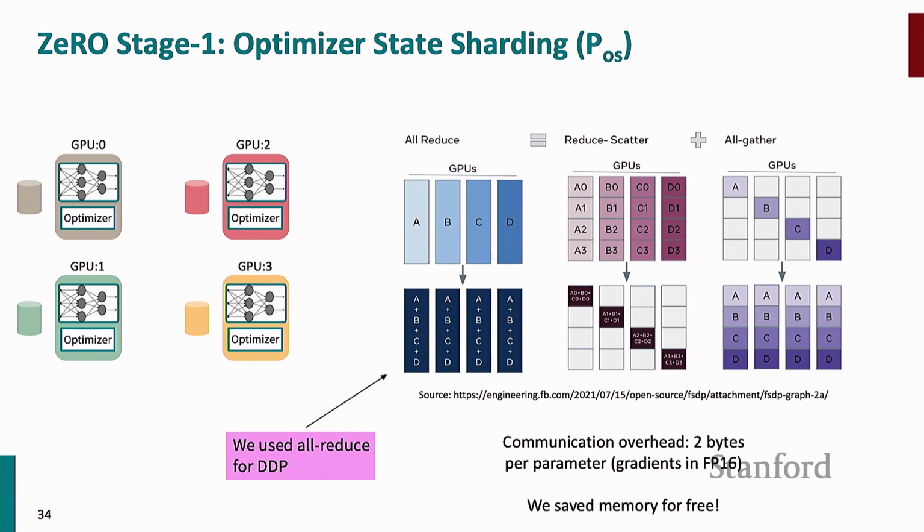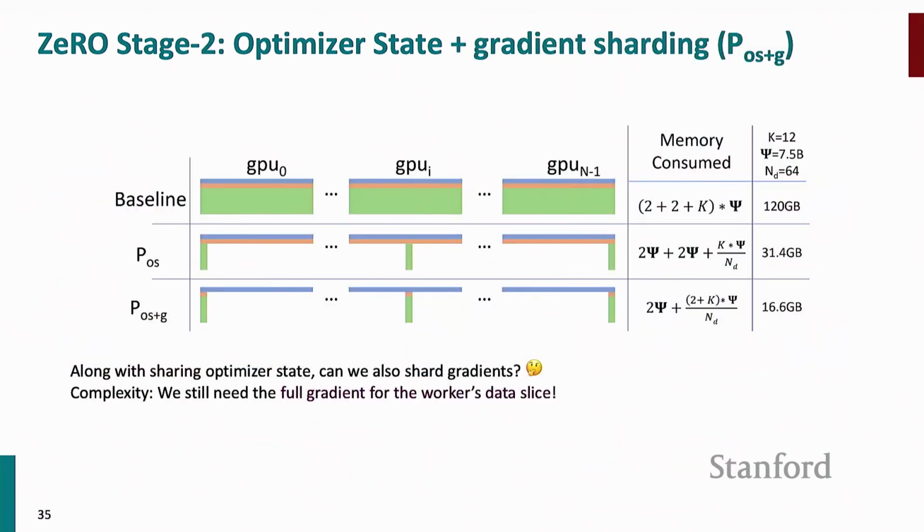And it turns out that when you're doing this optimizer state sharding, you have to do exactly the same amount of communication overhead, just because an all reduce is equivalent to a reduce scatter followed by an all gather, okay? And so we basically saved memory for free, okay? So you should just always use this, okay? Because you're going to get memory savings and you don't have any additional communication overhead, okay? So we are happy, we saved memory.